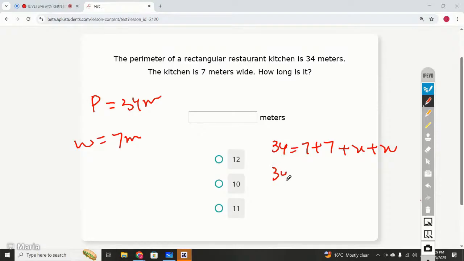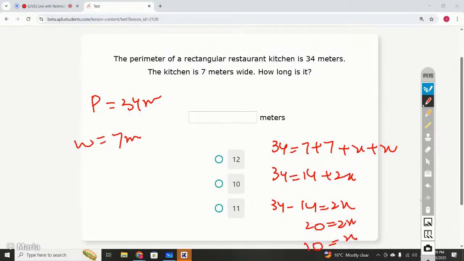So 34 is equal to 14 plus 2x. Just subtract 14 from the other side. 34 minus 14 equals 2x. So 20 equals 2x. We need to find the value of x. So divide both sides by 2. So x is equal to 10.